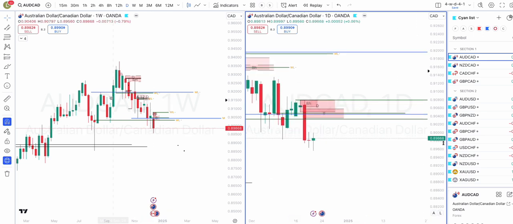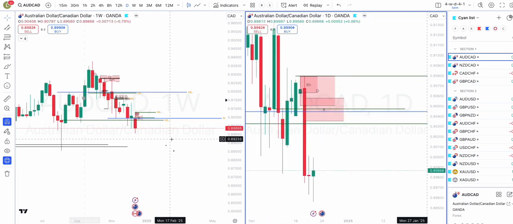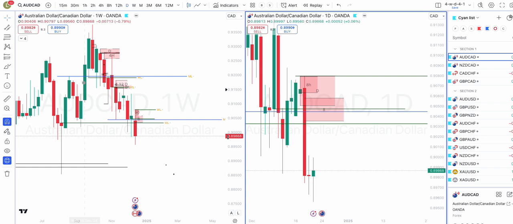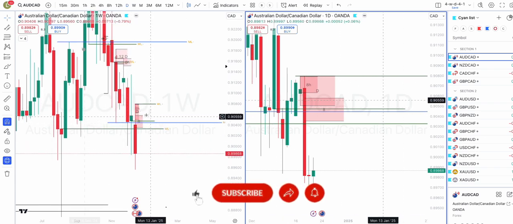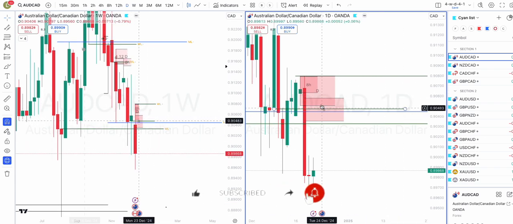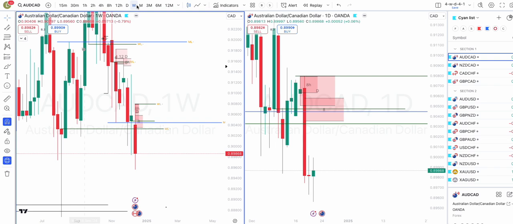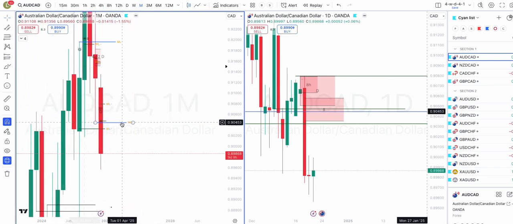What I really liked about this one is this zone here, right? So in this zone, if you look at monthly, yeah, this line here is the previous month low, right?